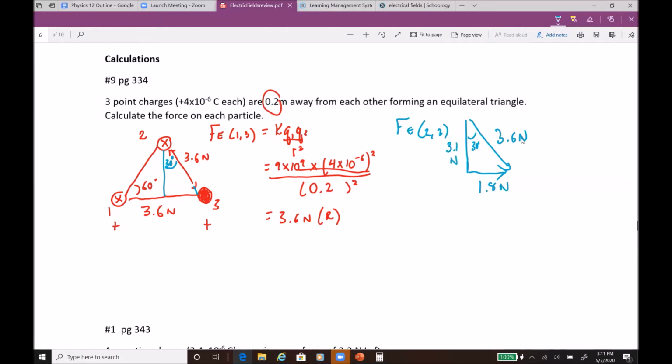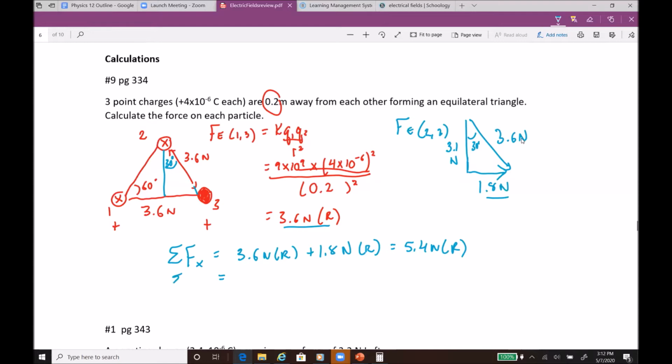Now if we add the forces up, horizontally we have 3.6 newtons to the right from here, and another 1.8 newtons, because I can see that the vector is pointing down, but also to the right. That will give us 5.4 newtons to the right.